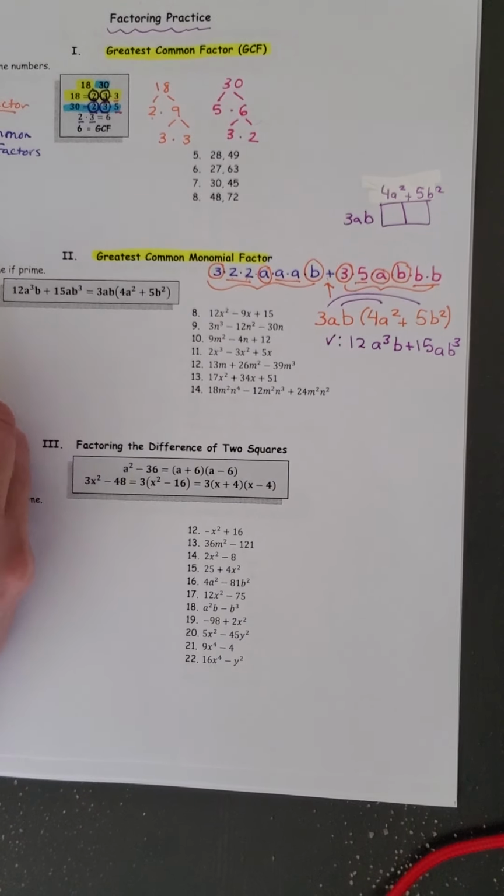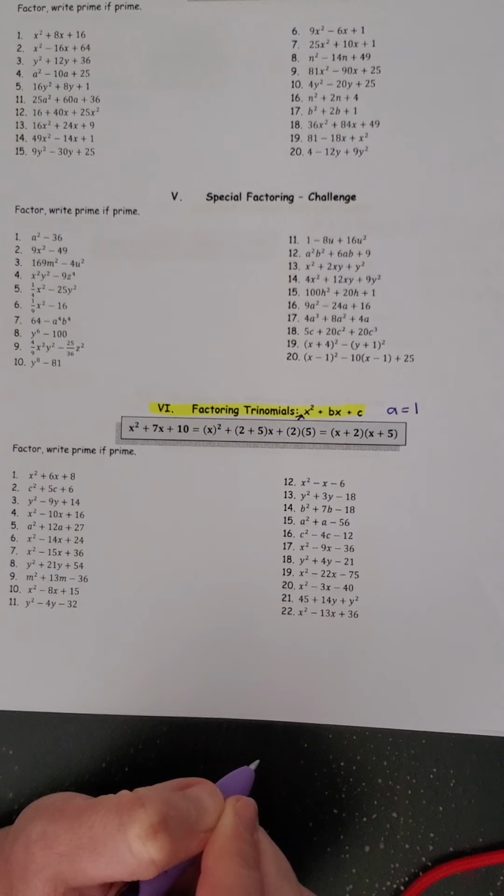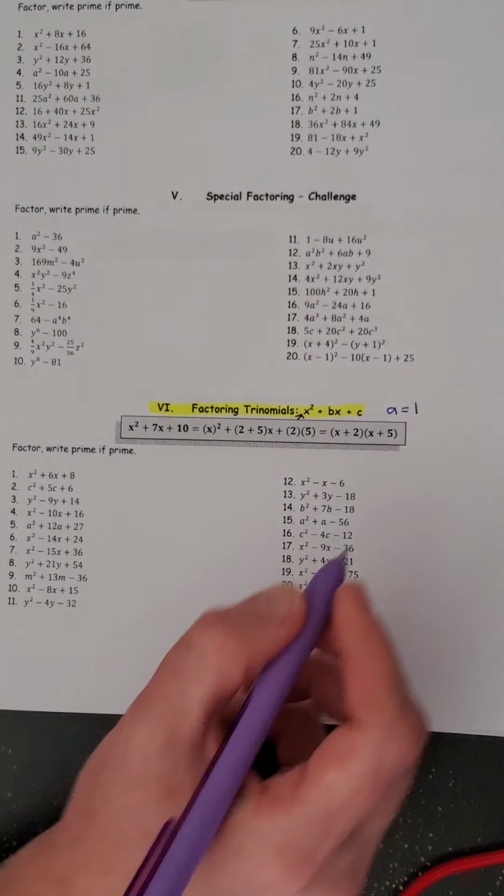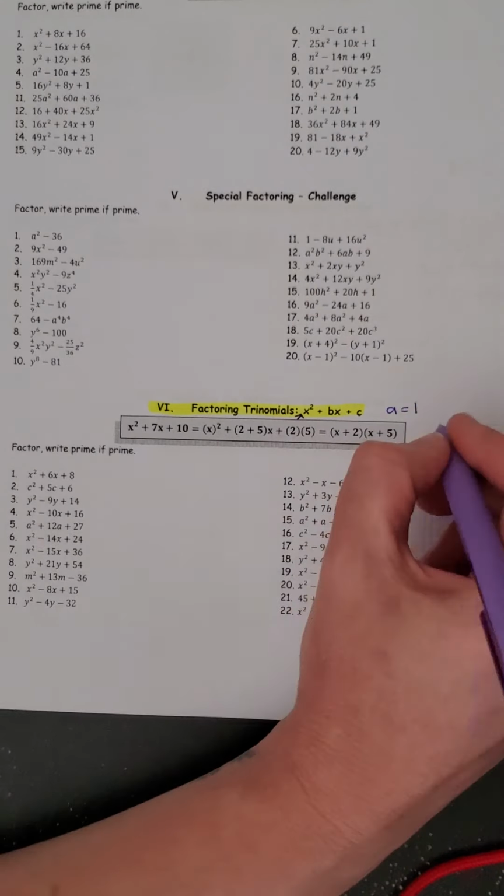All right, so to factor a trinomial, I want you to note that there's no value here for a. So a is 1. Right, a is not 0, a is 1. When a is 1, we can do the easy factoring. So this means easy factors.